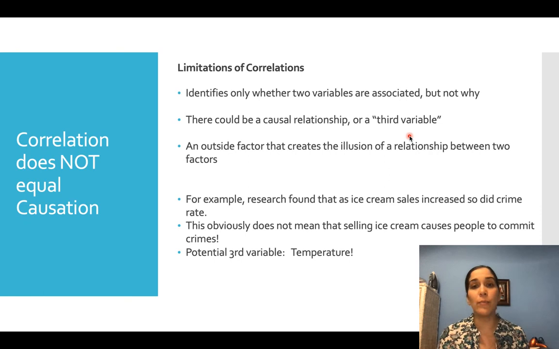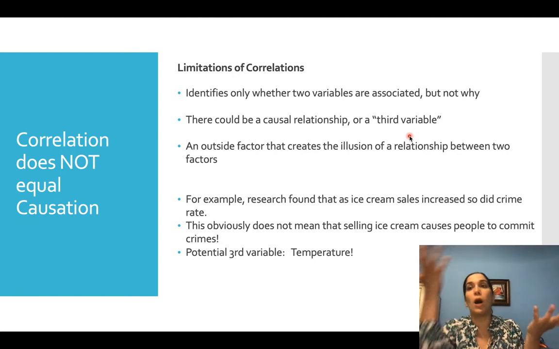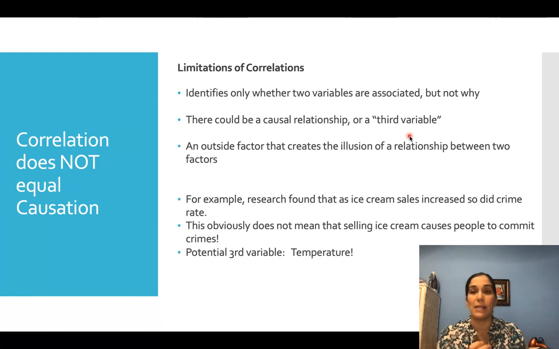All of these variables could also be related to or cause your grades to increase. So we can't say that reading your textbook causes your grades to increase. We can just say from this correlation, from this number, that reading your textbook is related to an increase in exam grades. The relationship is also bidirectional.